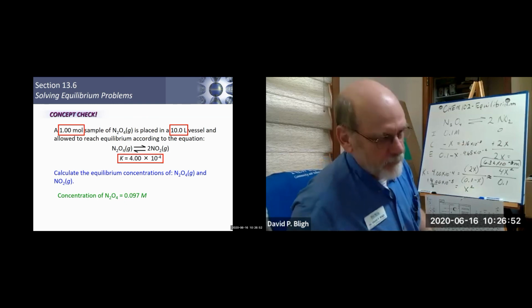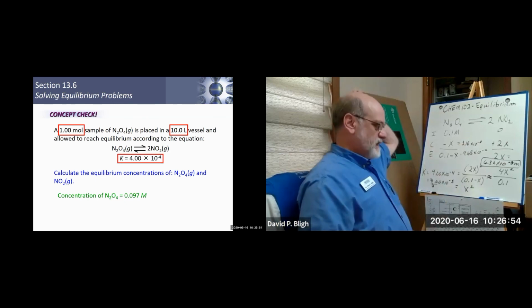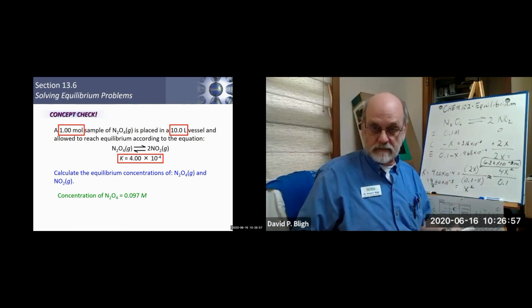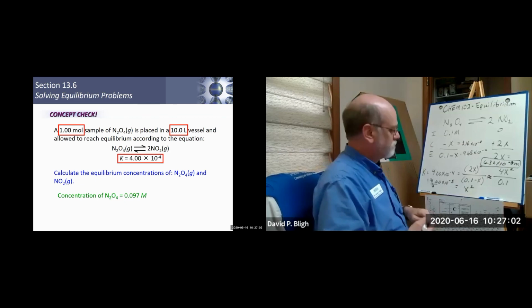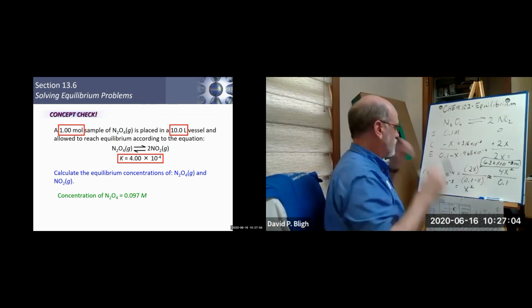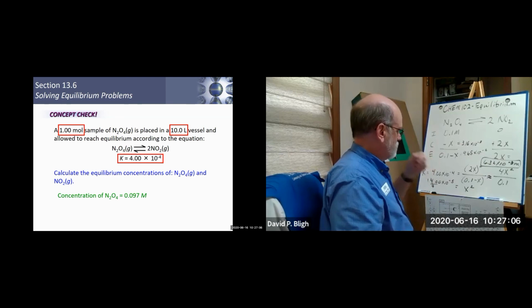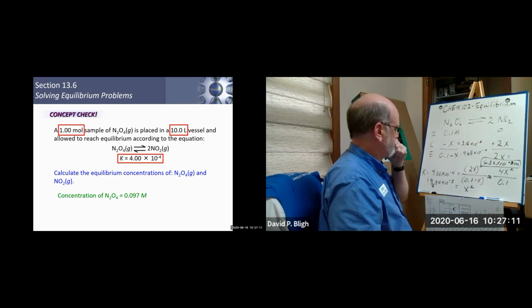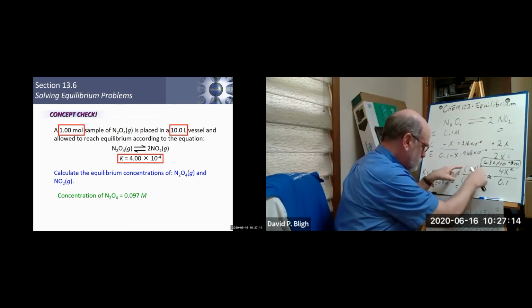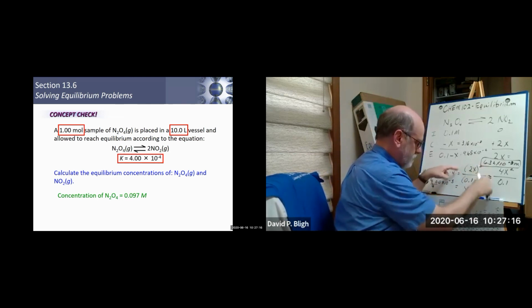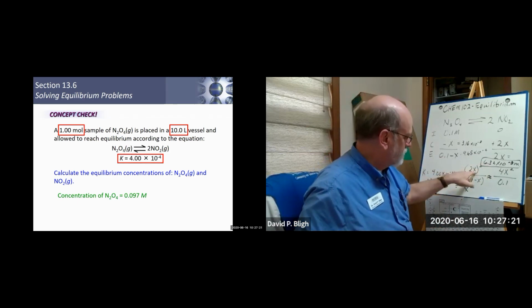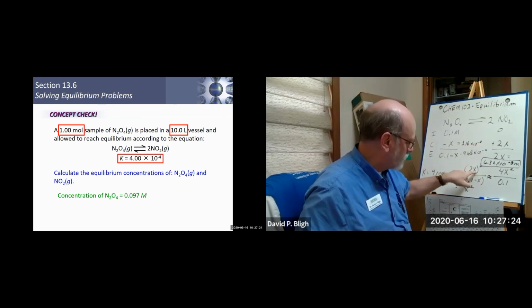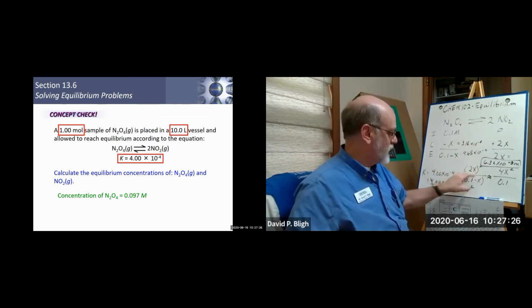Now, there's a way to prove it. It's called the 5% rule. So what you would do is you would take this expression right here and plug in this X value for each one, both of them, and calculate it.